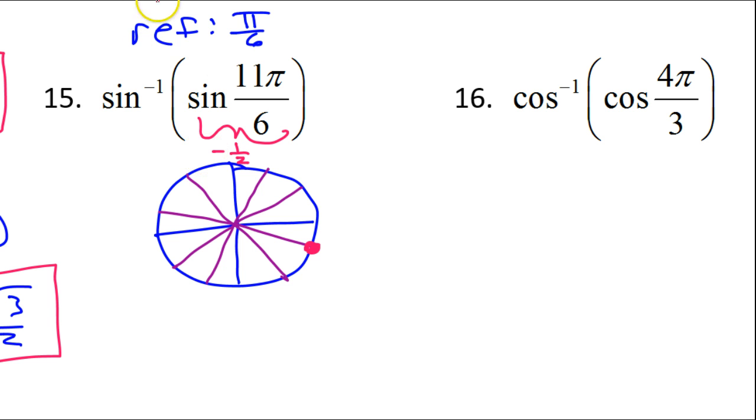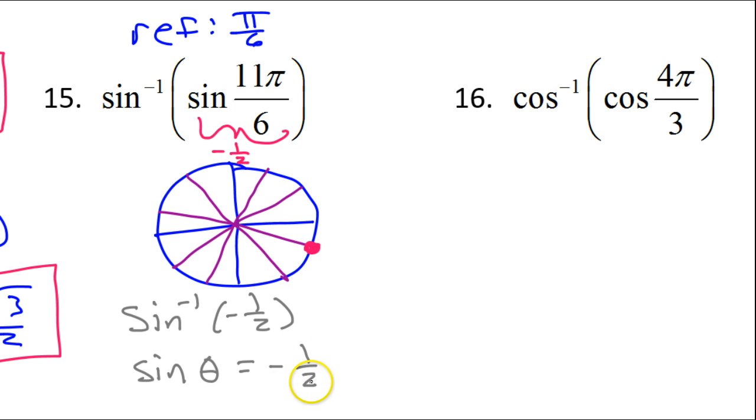Okay, so basically now the problem has become, so I'm doing the inverse sine of negative 1/2 now. Well, as we've discussed, this is asking the question, the sine of what angle is going to give me negative 1/2?